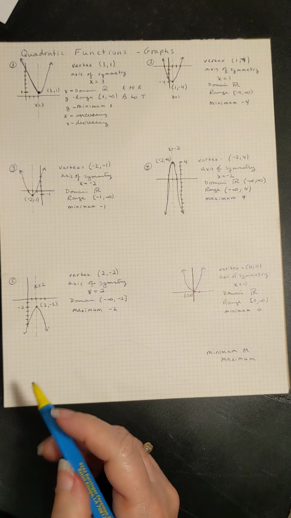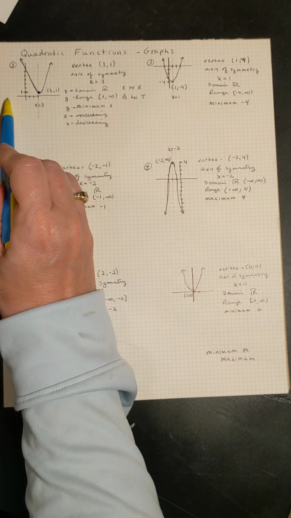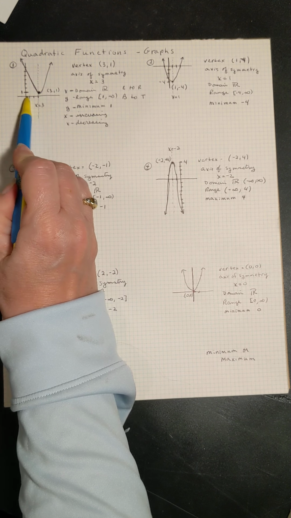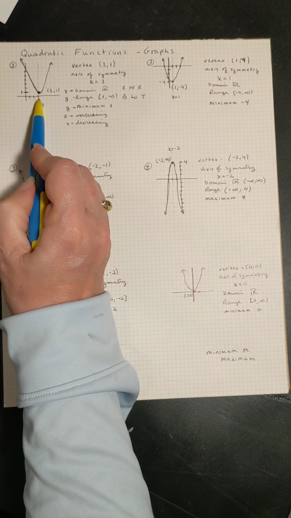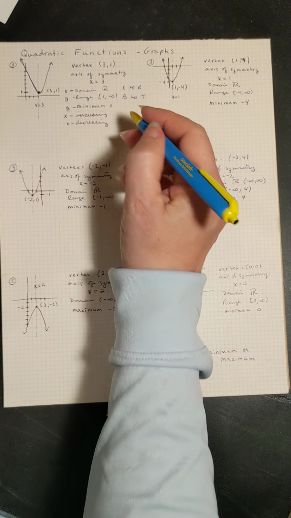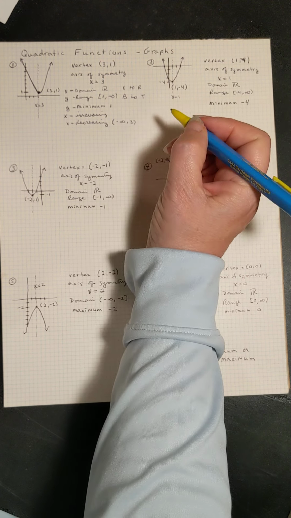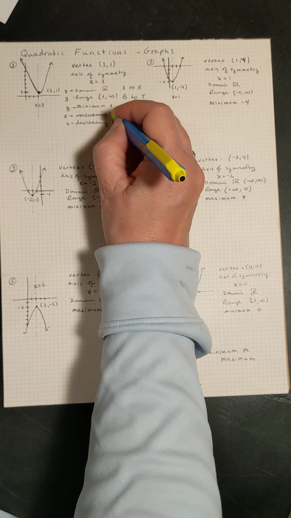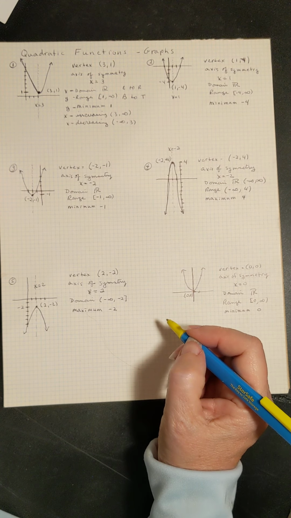All right, and so let's look. So this one is decreasing starting out here because I'm looking at my x coordinates. So starting at -infinity until I get to the x coordinate of 3. So it's decreasing from -infinity to 3, and then it starts to increase. So from 3 to infinity. All right.